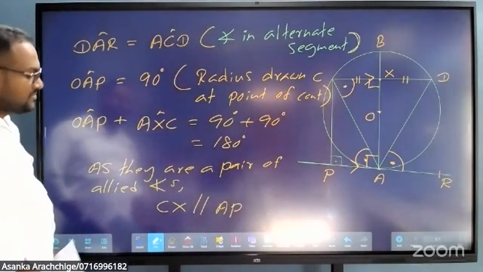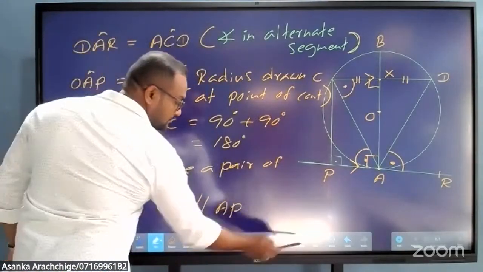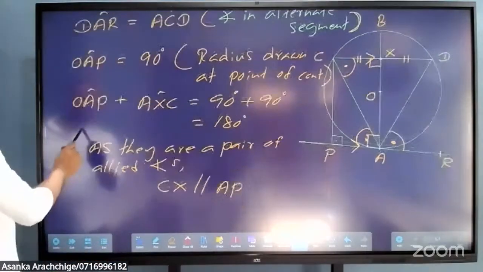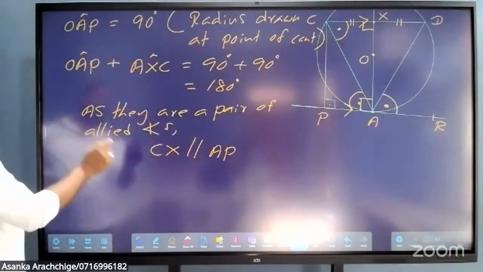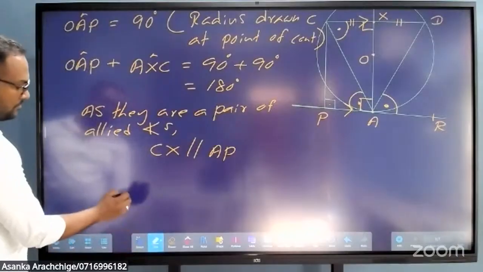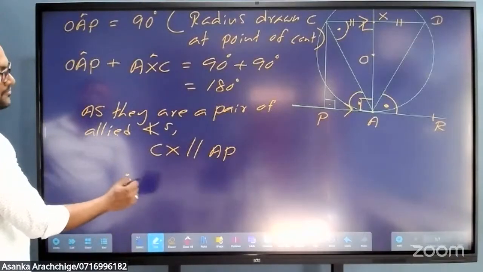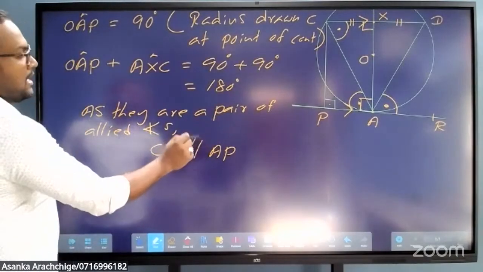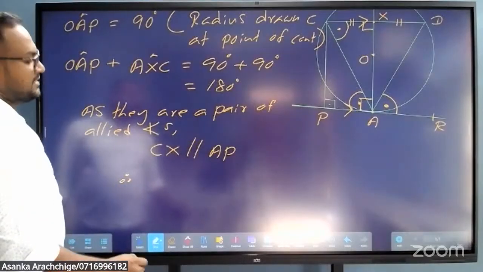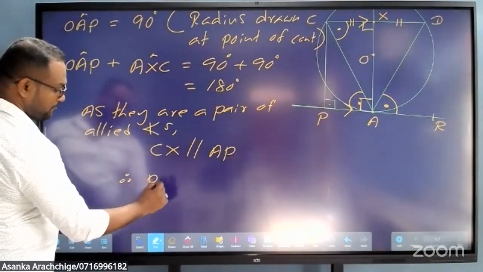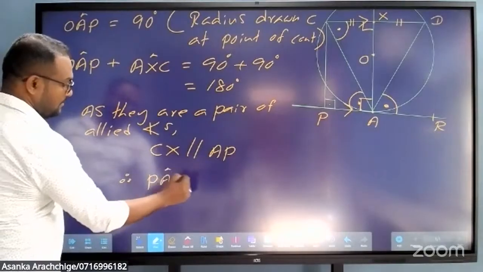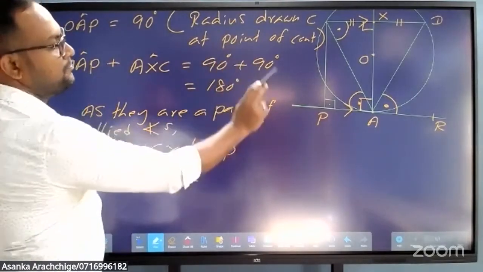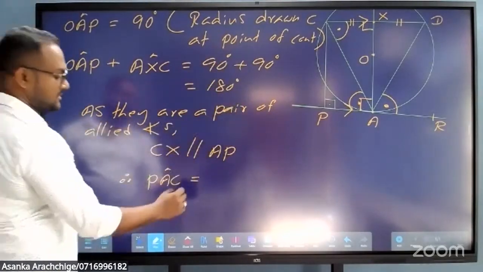Therefore angle PAC must be equal to ACX.